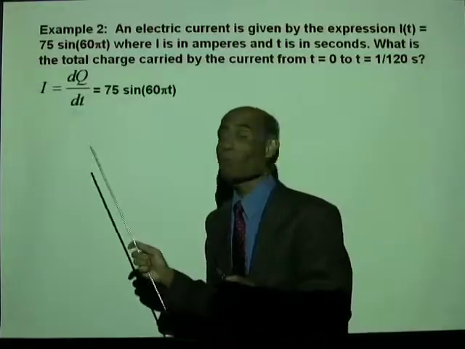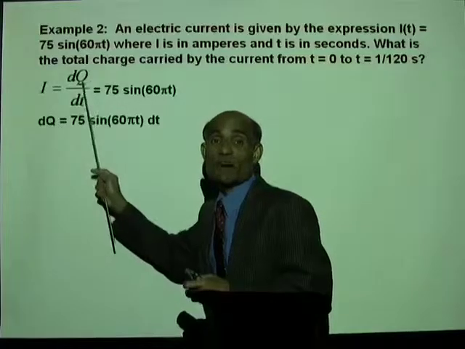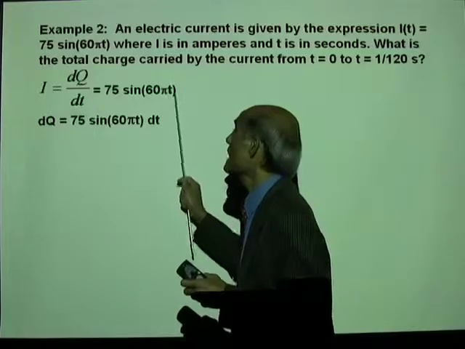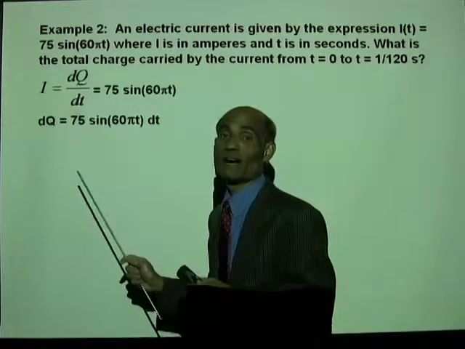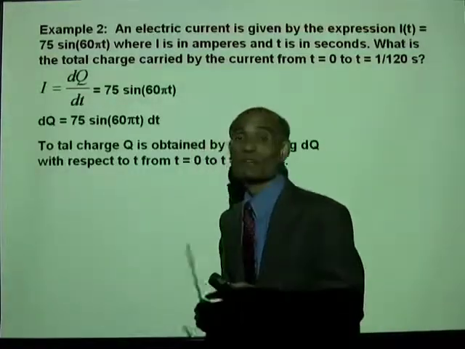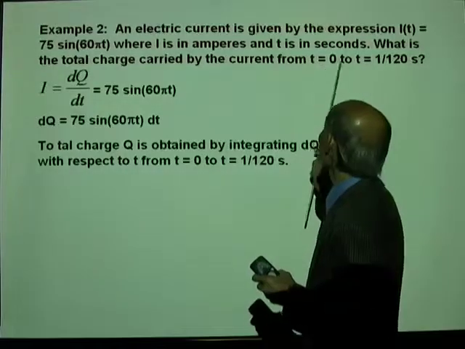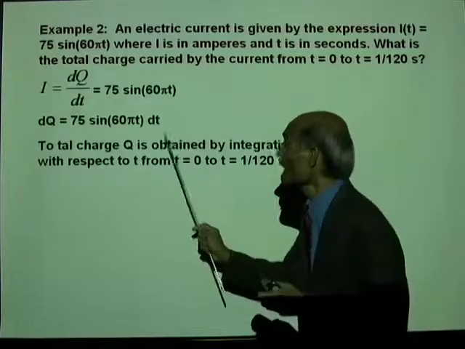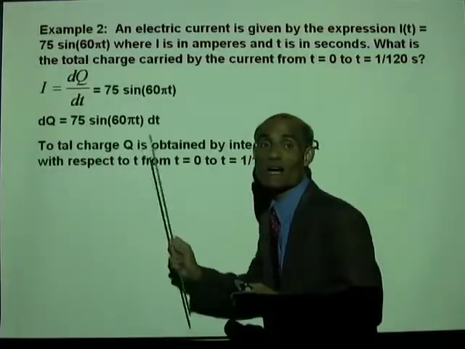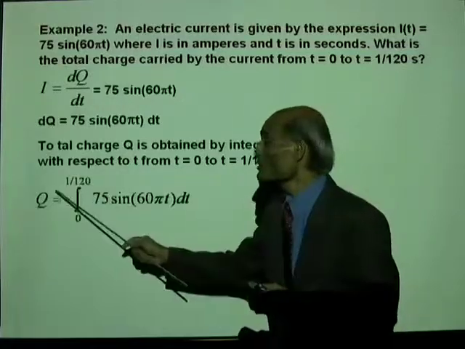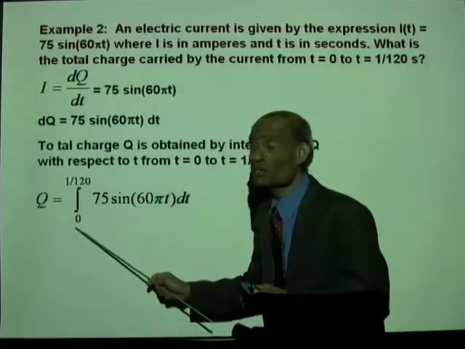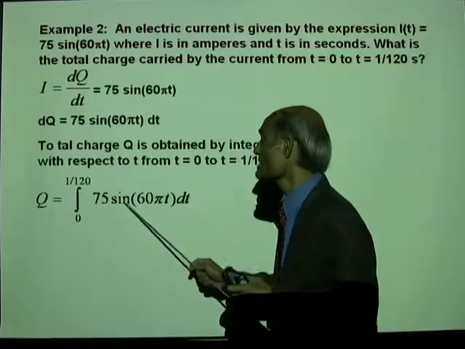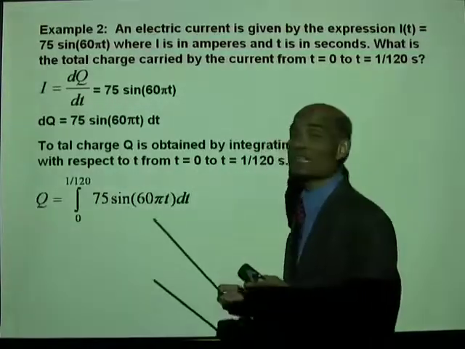What do we do? Well, we find dq equal to 75 sine 60 pi t dt. And we now integrate dq from t equal to 0 to t equal to 1 over 120, and that will give you the total charge q. Total charge q is the integral from 0 to 1 over 120 of 75 sine 60 pi t dt.